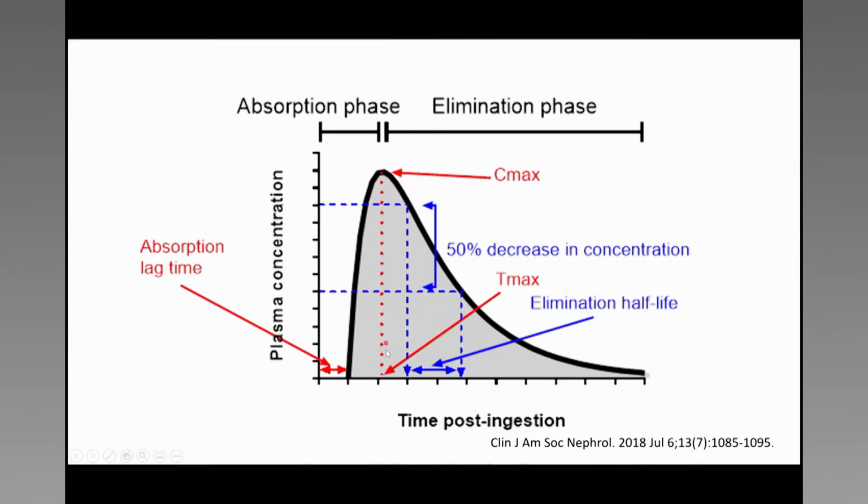This occurs at a time known as a Tmax, and then it decreases over time, and the rate of elimination is defined by the elimination half-life, which is the time it takes for the drug concentration to decrease by half. These are important principles because we're going to be referring to them multiple times during this talk, but I'm sure they're principles that you're all very well familiar with.